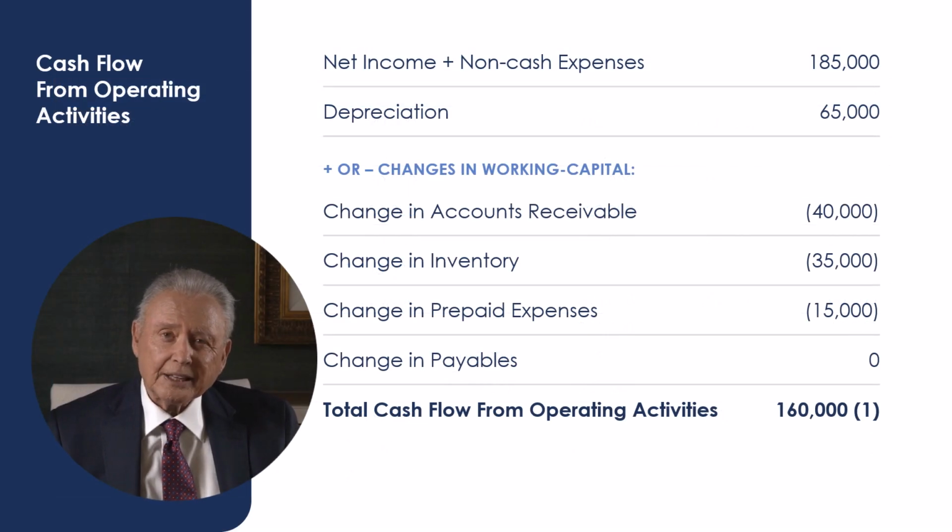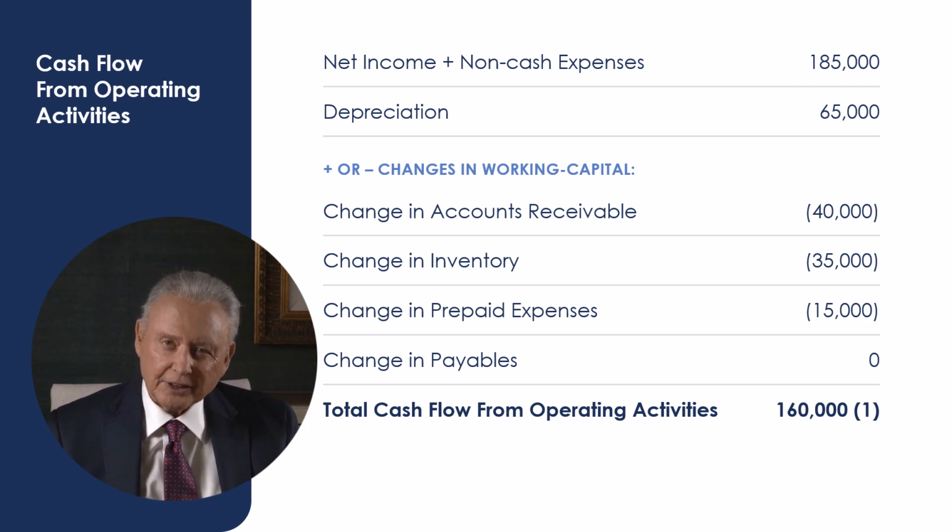In reviewing cash flow from operating activities, we first have net income from the statement of earnings at $185,000. We add depreciation expense of $65,000 to cash flow from operating activities. Subtract $40,000 for the increase in accounts receivable.